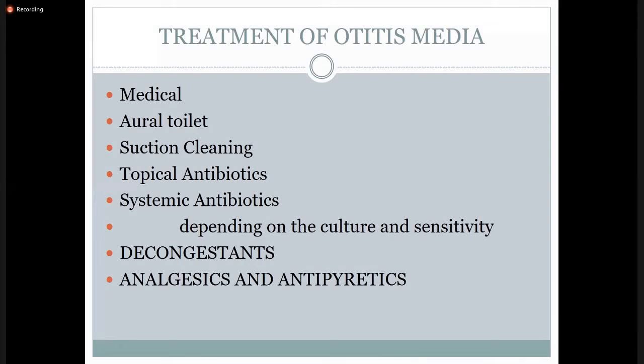Decongestants are very important because in otitis media, the main important precipitating factor is nasal blockage and eustachian tube catarrh or blockage. So decongestants can help in finding relief. Analgesics are given for pain relief and antipyretics for fever.